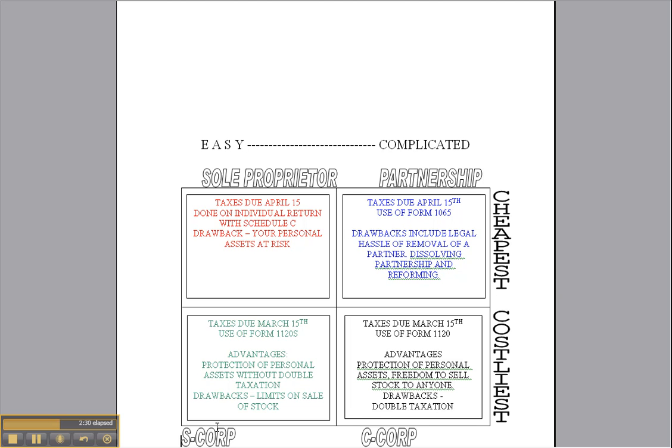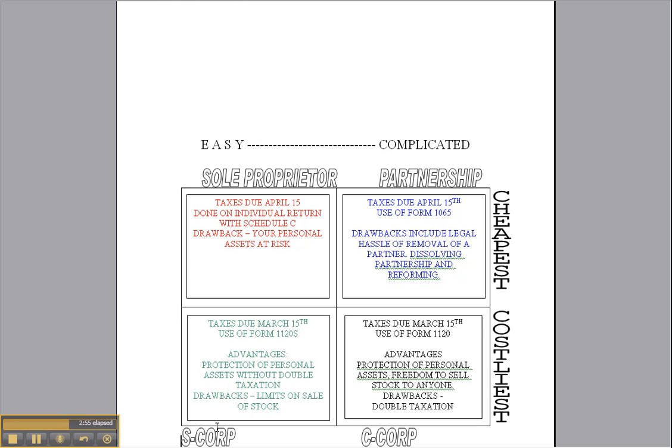We come down now to the third square, which is the S-Corp. The taxes are actually due March 15th, not April. They use the Form 1120S. The advantages are you get the protection of your personal assets because your company is incorporated, but you don't get double taxed as you would with the C-Corp. The drawbacks really are minimal. It's a limit on the sale of the stock.